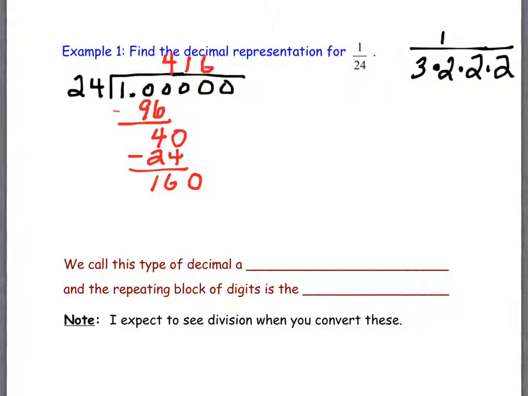Let's try a 6 times 24. That's 144. What do I get when I subtract 160 minus 144? 16.